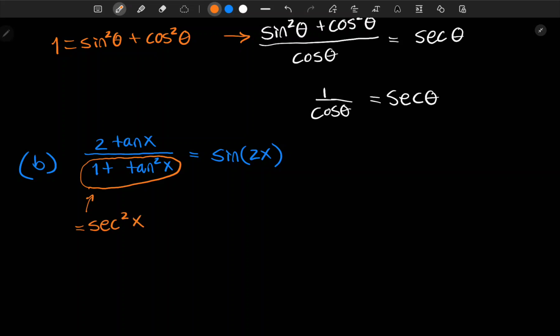That's just some identity. Another identity that we can use is called the double angle formula. So we can write sine of 2x, that's always equal to 2 times sine x cosine x. And this is called the double angle formula.